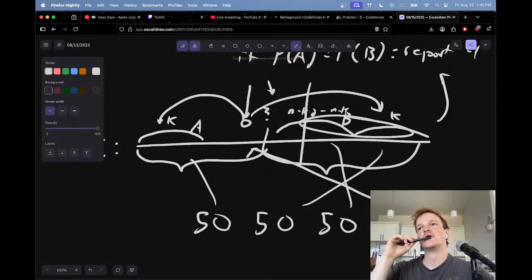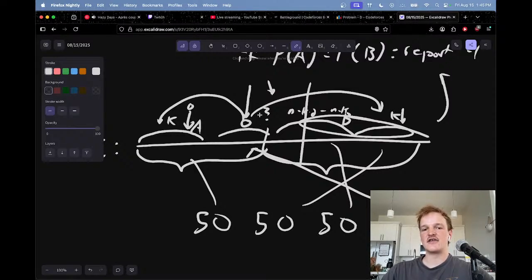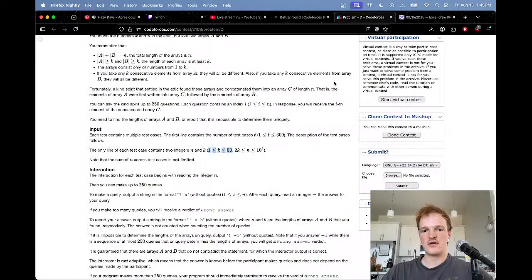What would you do? You would choose a specific index in A and B, and you would say, okay, right here is different. So you'd binary search, you'd find that index here where it's different.